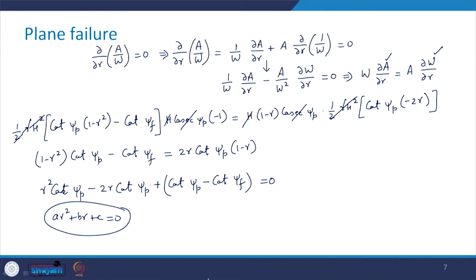So, how can we get the roots of this equation? You know, simply r equal to minus b plus minus square root of b square minus 4ac divided by 2a.